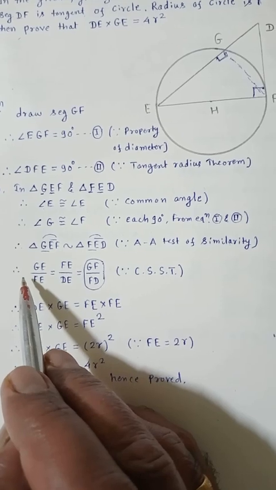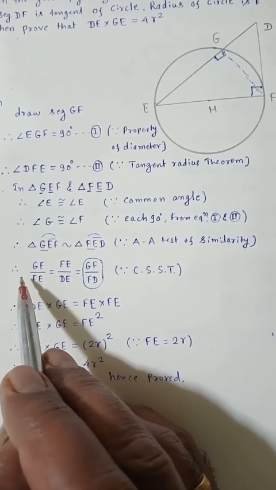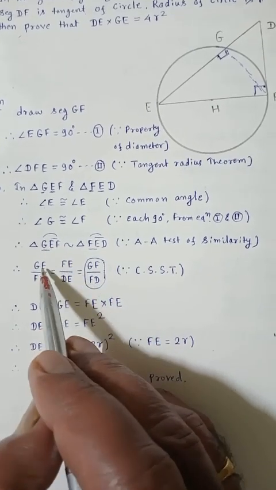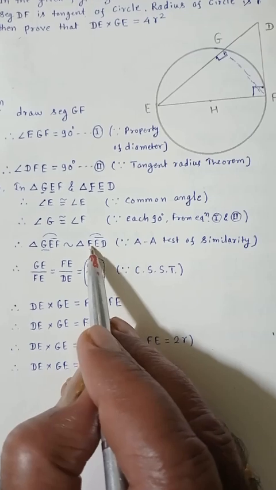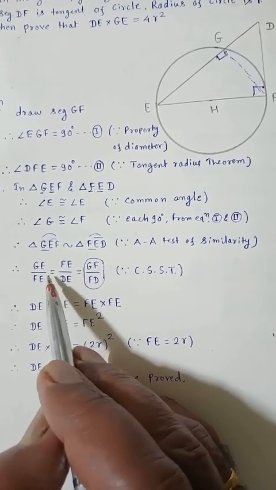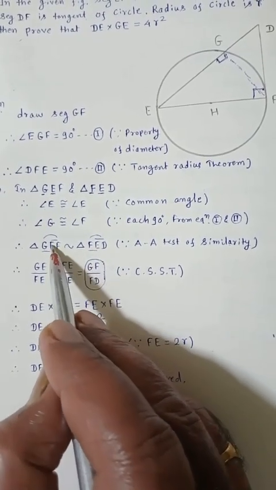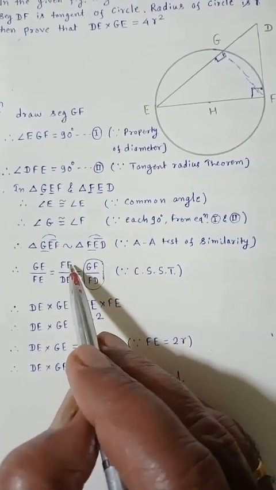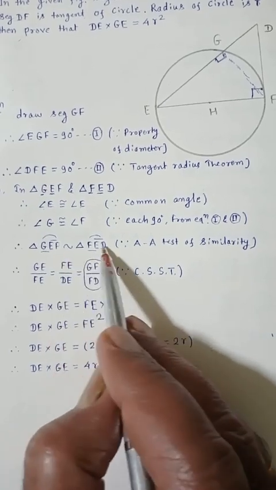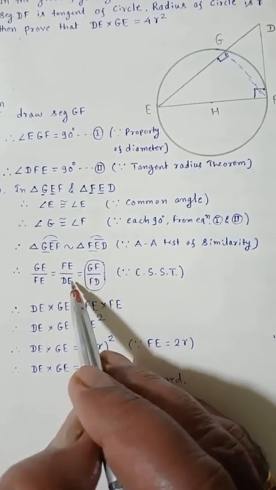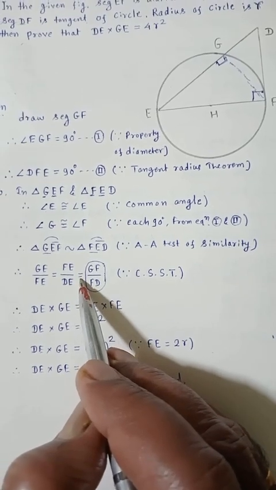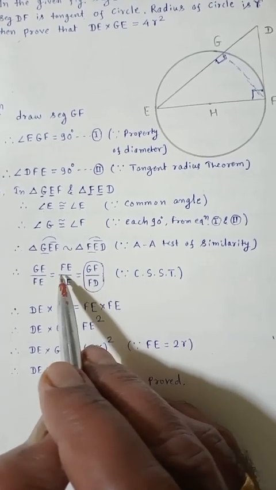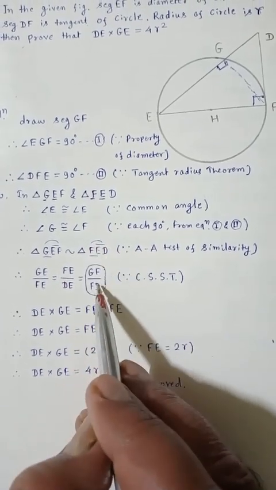These two triangles are similar. Therefore, their corresponding sides are in proportion. GE upon FE is equal to EF upon ED, which is equal to GF upon FD.